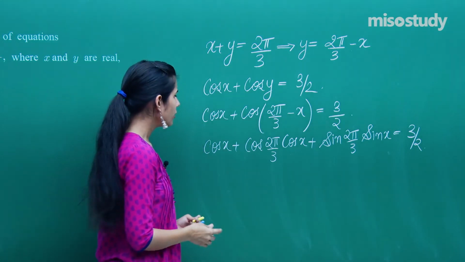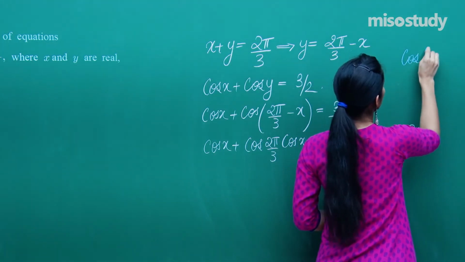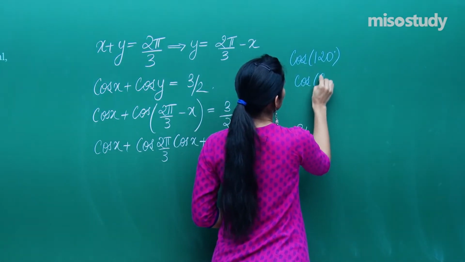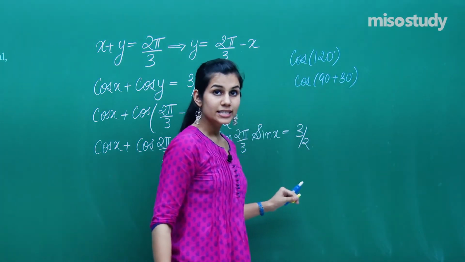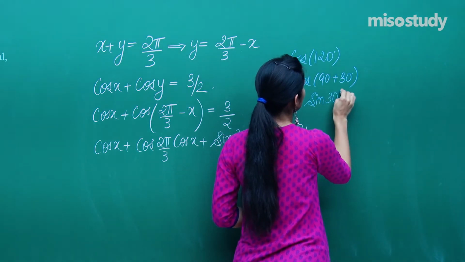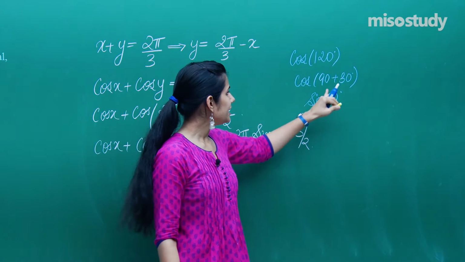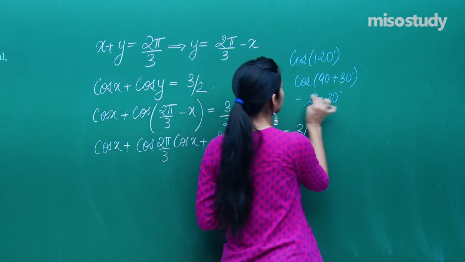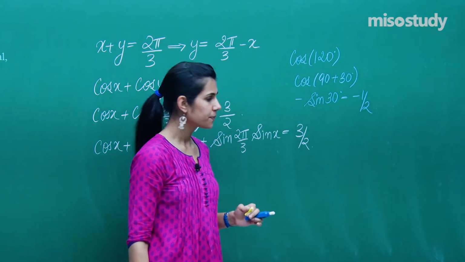Fine. Now what is cos 2 pi by 3? Cos 2 pi by 3 means cos 120. That's cos of 90 plus 30. Cos 90 plus theta is what? Sin 30 or minus sin 30? 90 plus theta lies in the second quadrant where cos is negative. So this will be minus sin 30, which is minus 1 by 2.